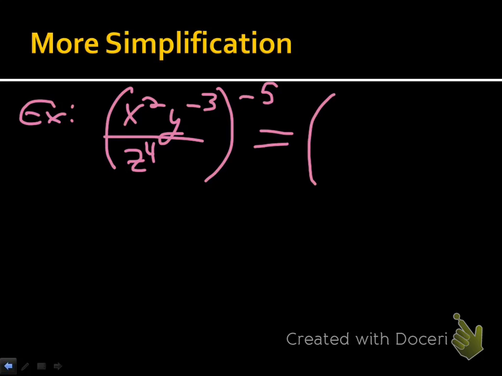Let's flip. The first thing I'm going to do is flip this fraction, because I've got a negative 5th. I'm going to change it to the positive 5th and flip it.